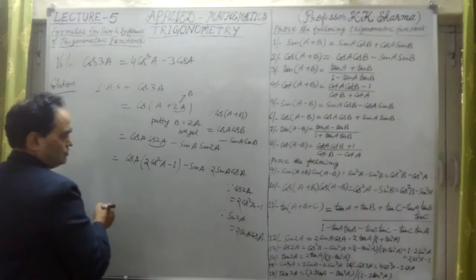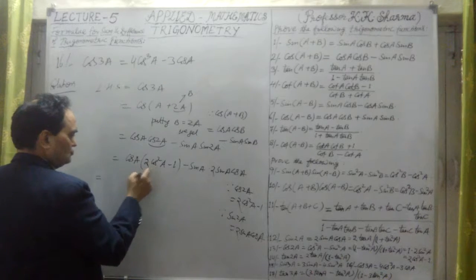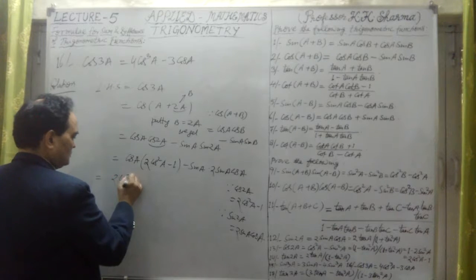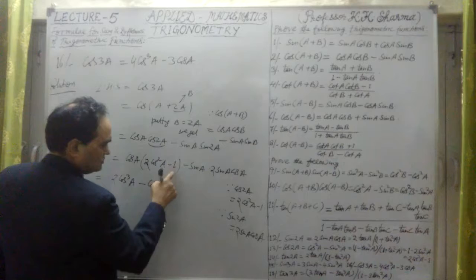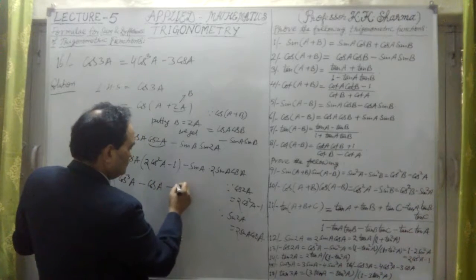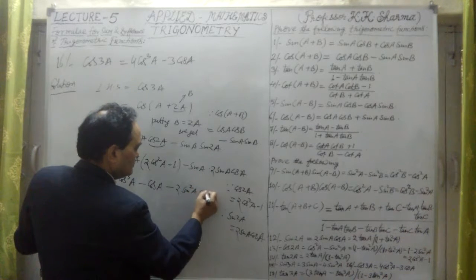Now this gives us, multiplying cos a into 2 cos square a, 2 into cos cube a, minus cos a, because cos a into 1 minus 1. Then minus this value, twice into sin square a into cos a.